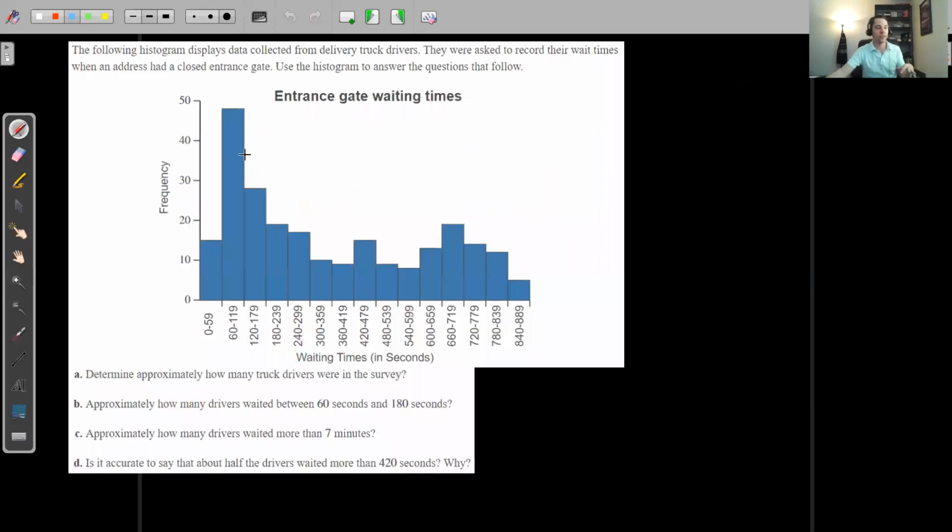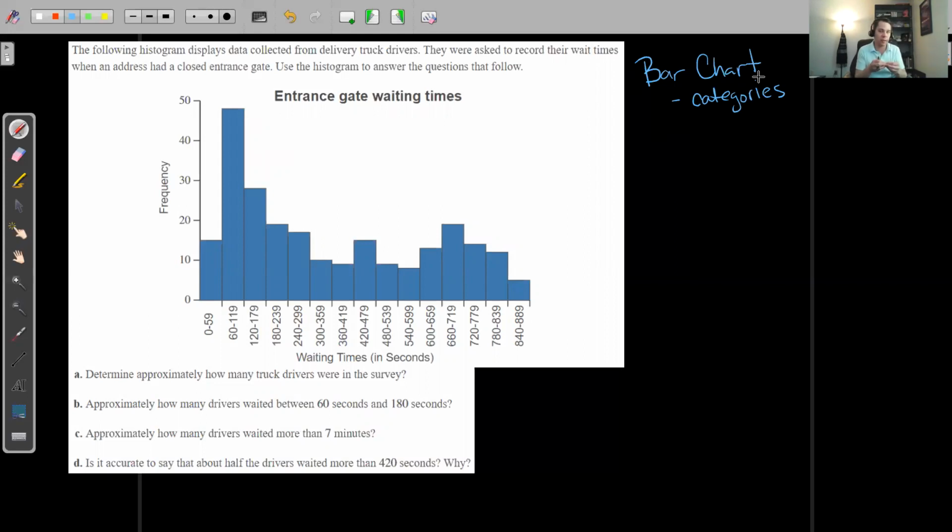Now, a bar chart and a histogram are going to look very similar, but the key difference between a bar chart and a histogram is all about the data. So a bar chart is where we're talking about categories like yes, no, freshman, sophomore, junior, senior, those sort of categorical variable data where I can put something into a category.